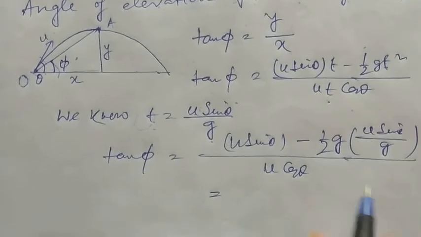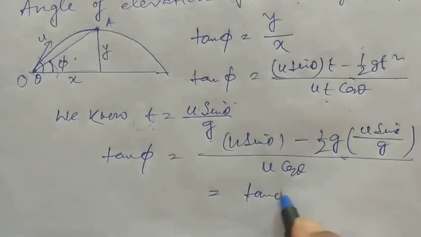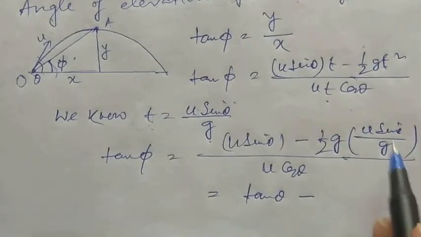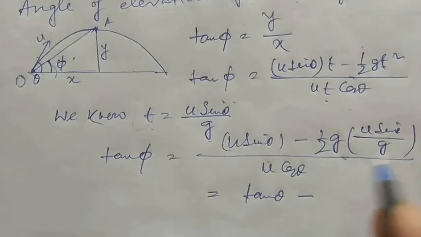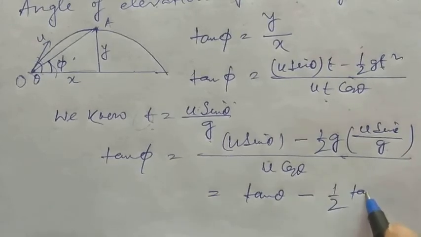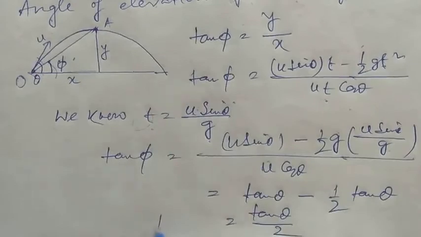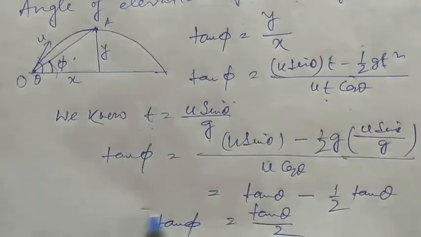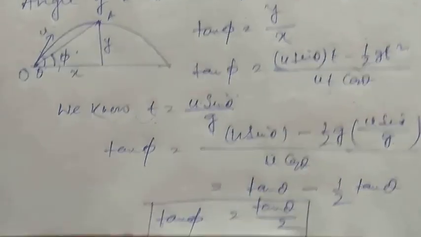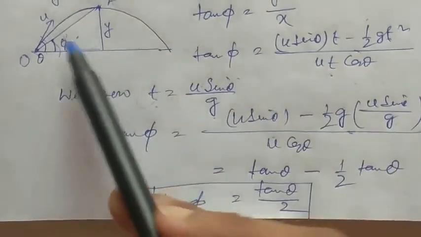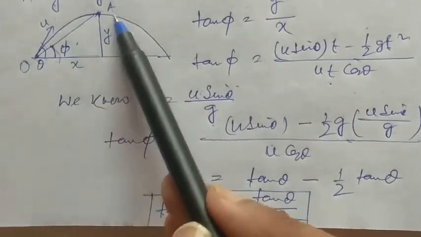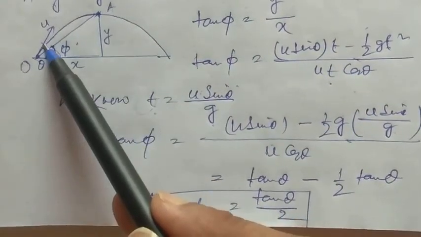Now solving this, we get tan theta first, minus u gets cancelled, g gets cancelled, so it is half tan theta, that means tan theta by 2. So tan phi is equal to tan theta by 2. This is the relation between the angle of elevation of the highest point and the angle of projection.